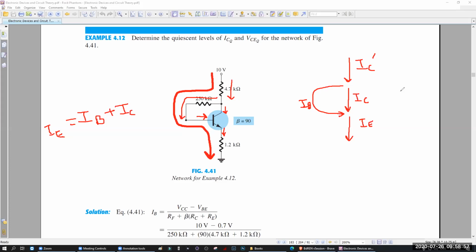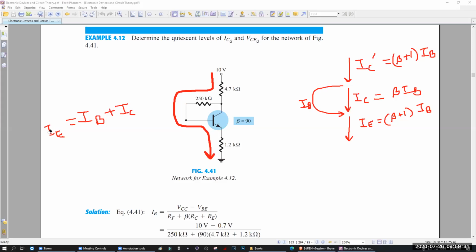Okay? Yes, sir. What is the value? IC is equal to what? Beta IB, right? So this value is beta plus 1. IC plus IB, that means beta plus 1 IB, right? So this we know. Now you can apply all the other things.